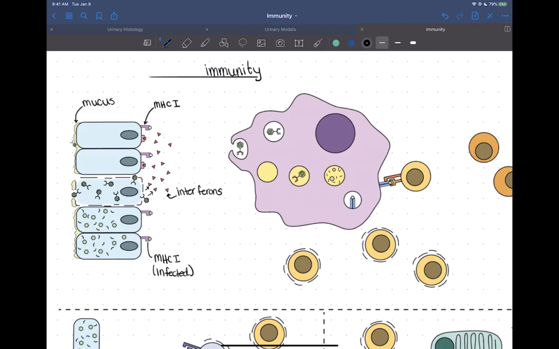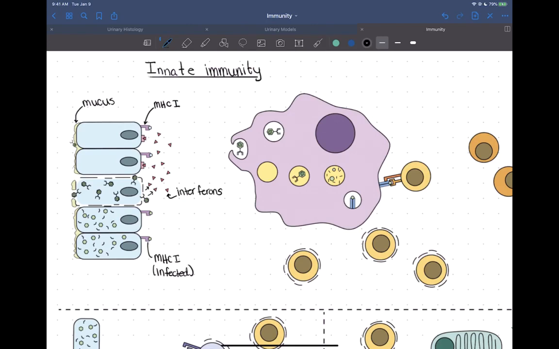So this is innate, I even said innate. This is the adaptive... non-specific is what we mean. Non-specific innate immunity, sorry. You're probably confused and staring at it. Remember, mucus, interferons, and our macrophages are all part of that non-specific immunity.